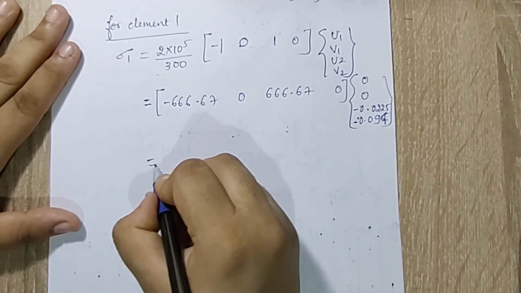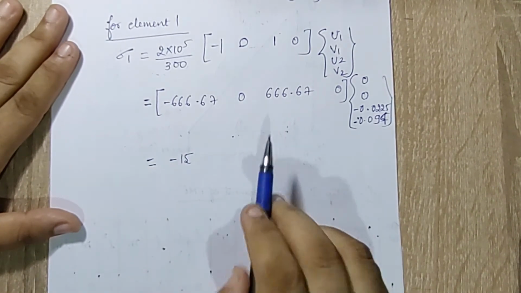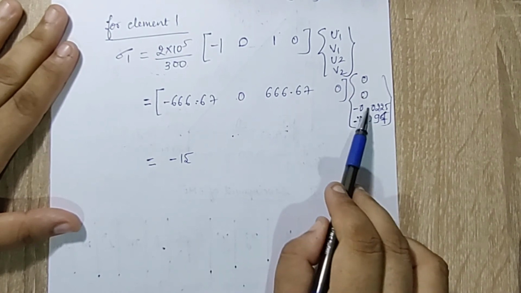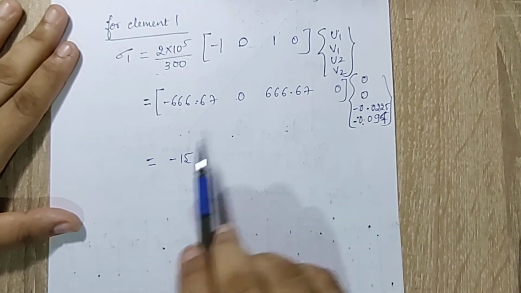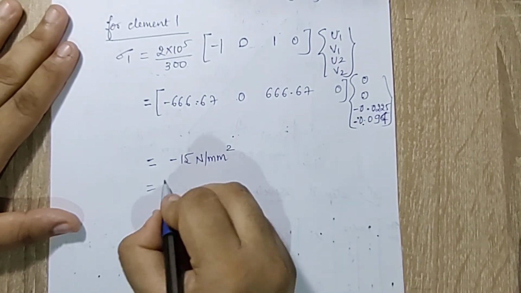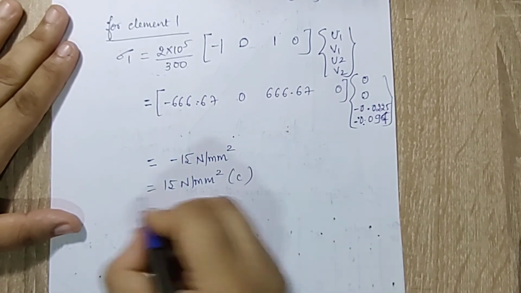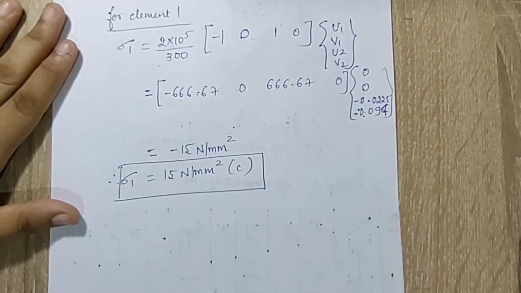So when I multiply, I get the value as minus 15. Multiplying this into 0, this into 0, and these two values together, I get minus 15 Newton per mm square. Negative sign indicates there is a compression in this element. This is the value of stress for element 1.